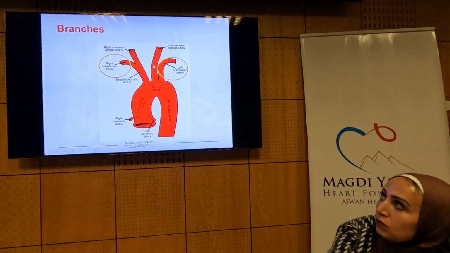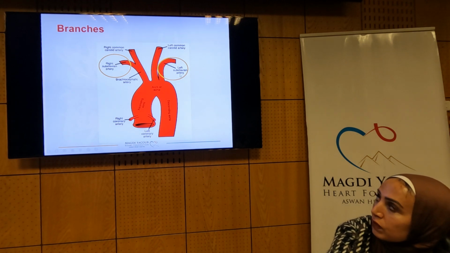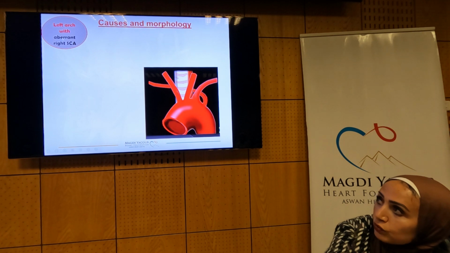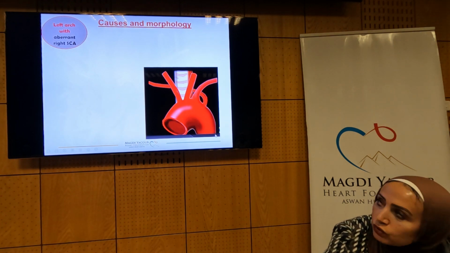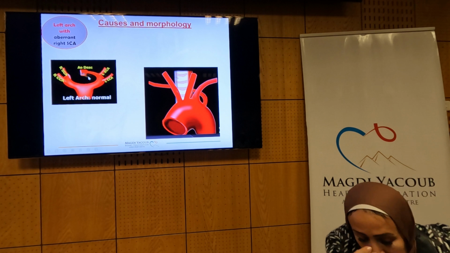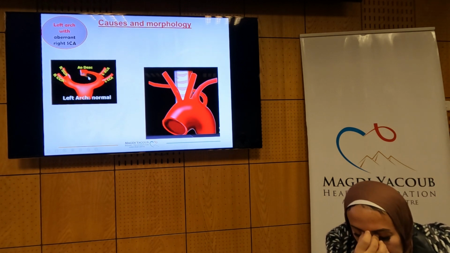We will start now with the apparent origin of the right subclavian and left subclavian. If we have a left aortic arch with an aberrant right subclavian, it will be like that. It's a left aortic arch, and the subclavian comes in that way. This is how we expect our left aortic arch to be.